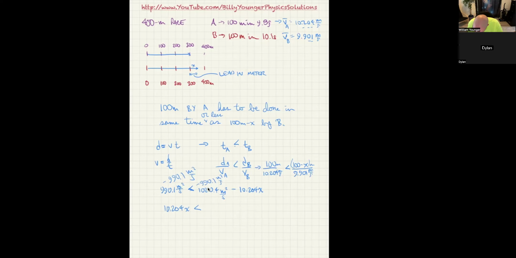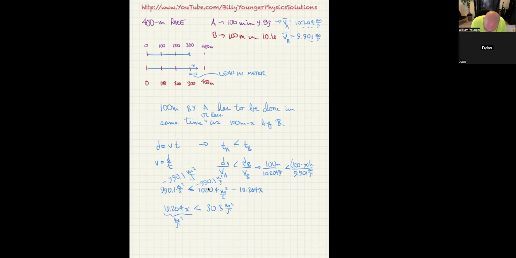It's 1020.4 minus 990.1. 30.3. Thank you. And that's meters squared per second. And of course, this whole thing right here would also have units of meters squared per second. So X is actually meters per second.